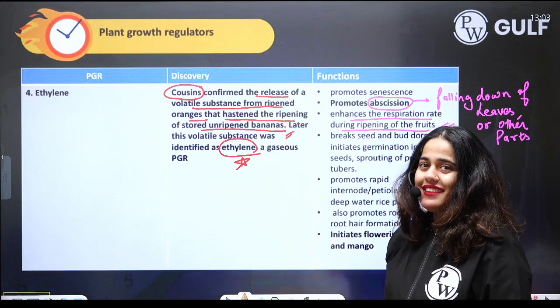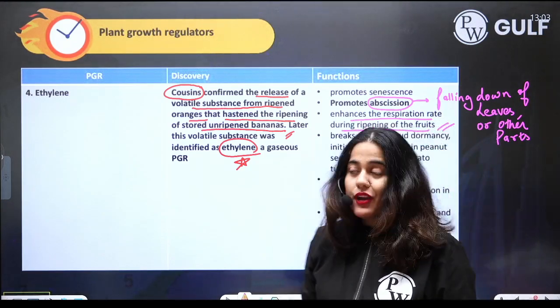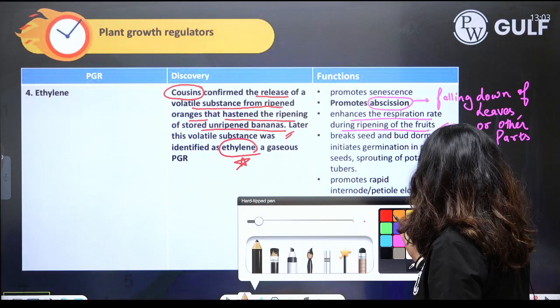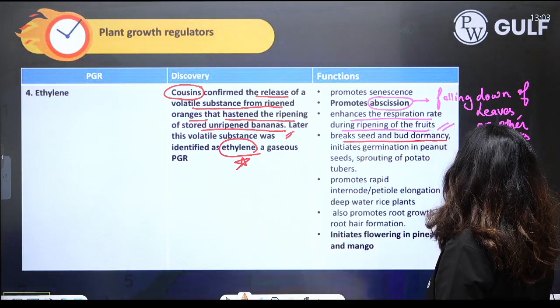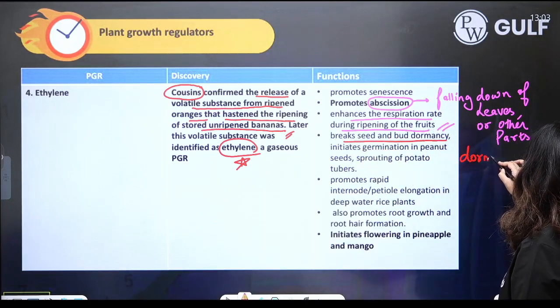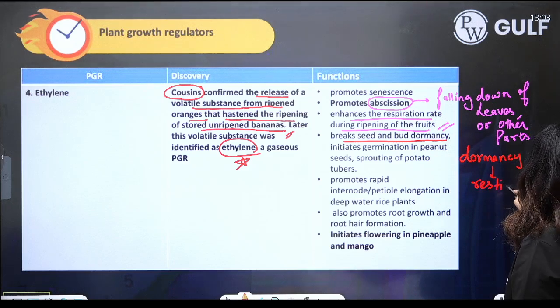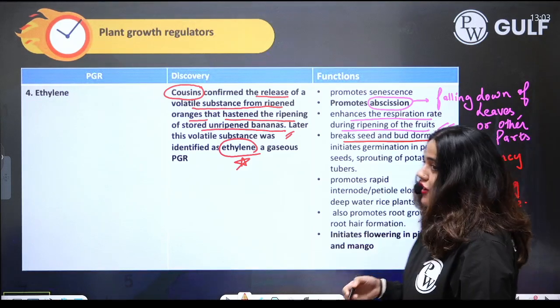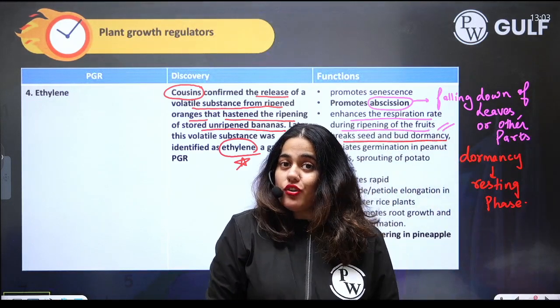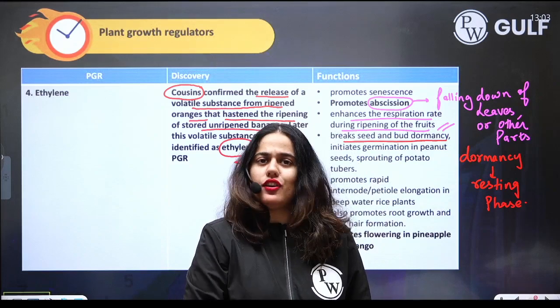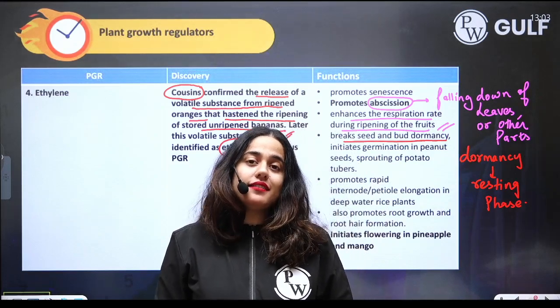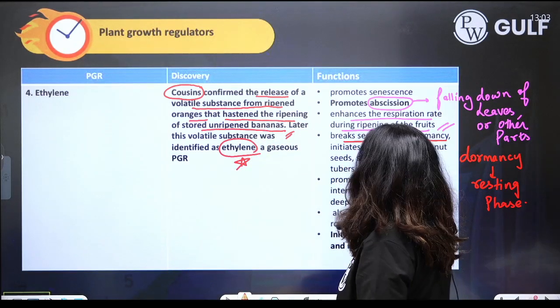Yes, ethylene promotes the ripening of fruit. It breaks seed and bud dormancy. Dormancy means resting phase. So it makes sure that the seed and bud come out of this resting phase.